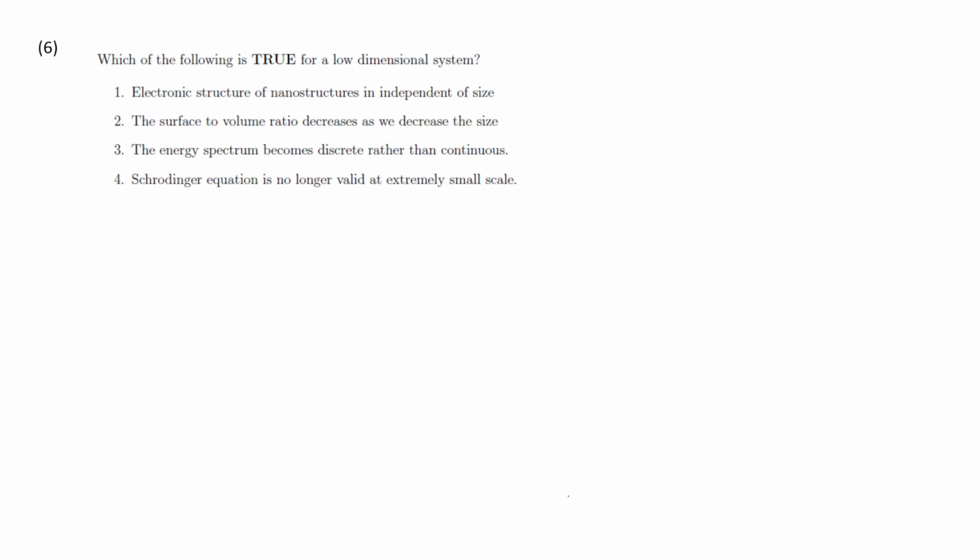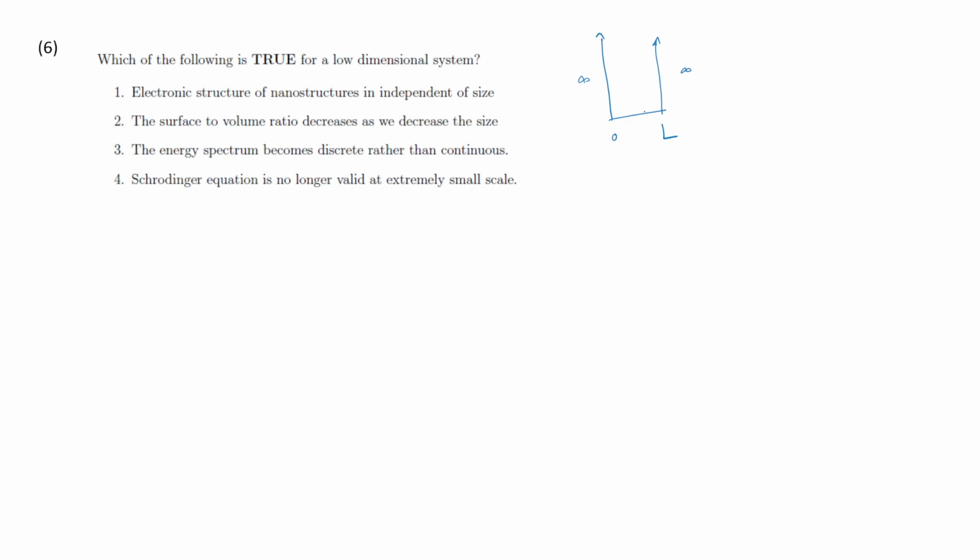To understand if this is true or not, let us look at particle in a box. A particle in a box is where the potential is infinity outside, and in the length 0 to L it is 0. This is how the potential is defined.